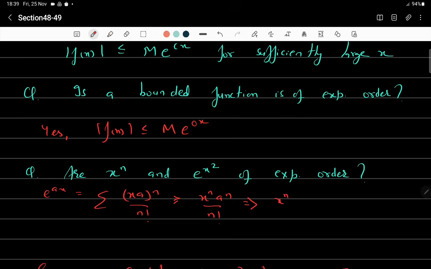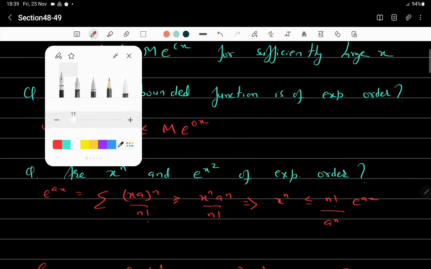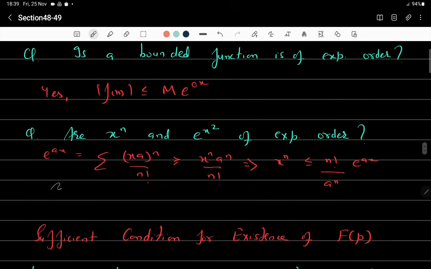It means I keep x raised to the power n on this side and take the other terms on the other side, which clearly shows that x raised to the power n is of exponential order. But e raised to the power x square is not. So x raised to the power n is of exponential order, but e raised to the power x square is not.